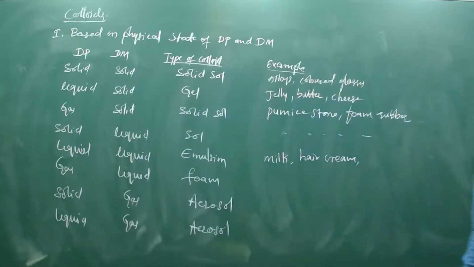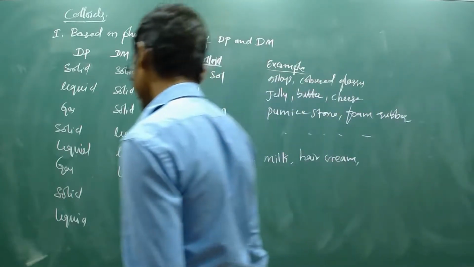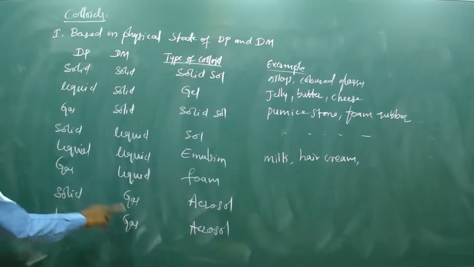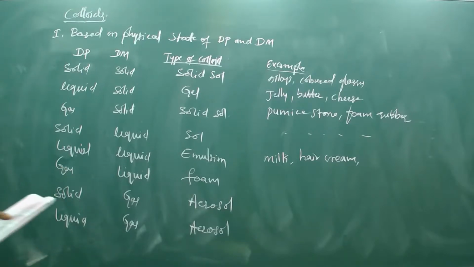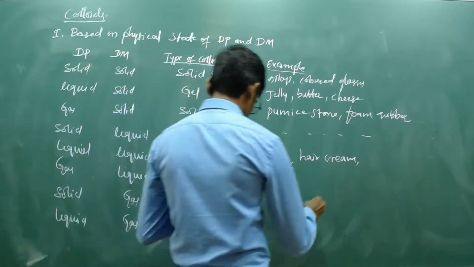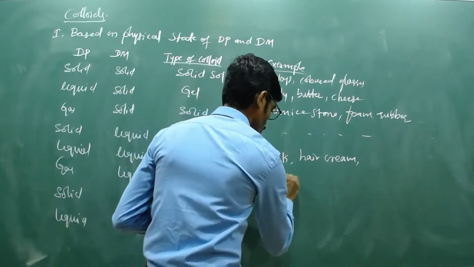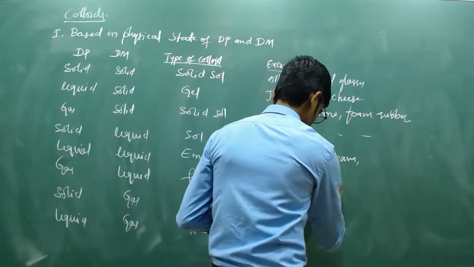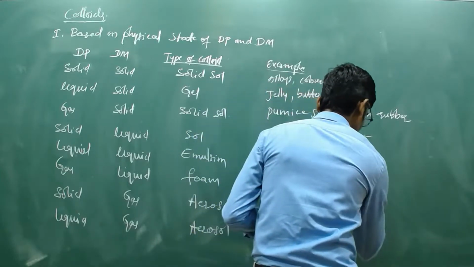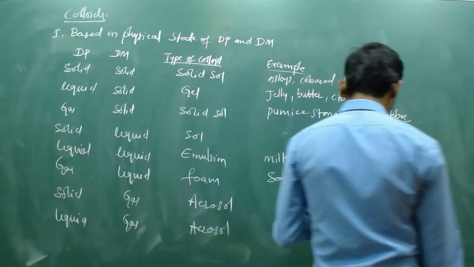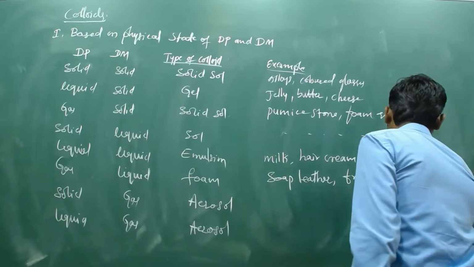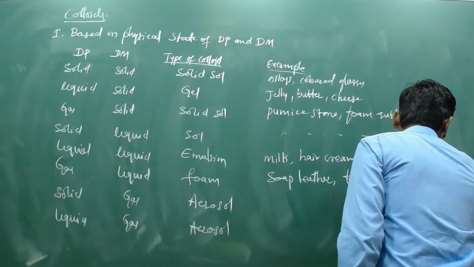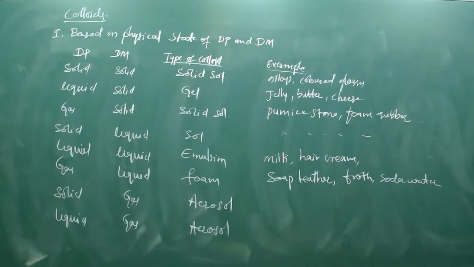Next, liquid in gas, aerosol: mist, fog, cloud, etc. Before going to the last one, gas in liquid: soap lather, froth is an example. Even soda water, gas in liquid, is an example of this category.